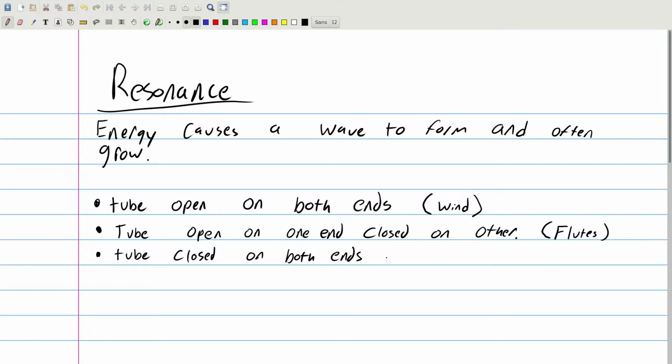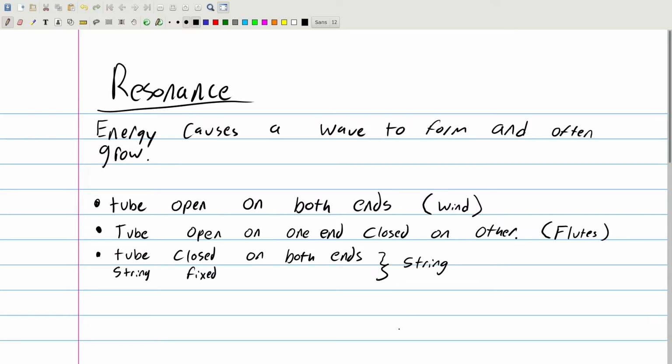Now, obviously, you ask me, how do you put energy into that thing? Well, it doesn't necessarily have to be a tube. Sometimes it could be a string that is fixed on both ends. And so a lot of your string instruments are going to fall into this category. So most of the orchestra, guitars, pianos, all of those are going to fall into this category.